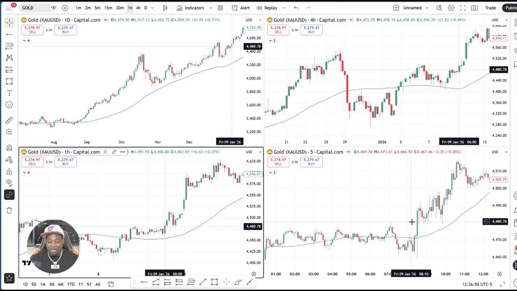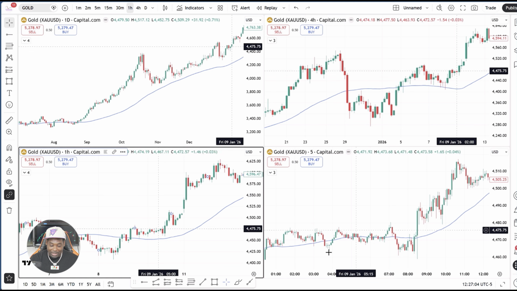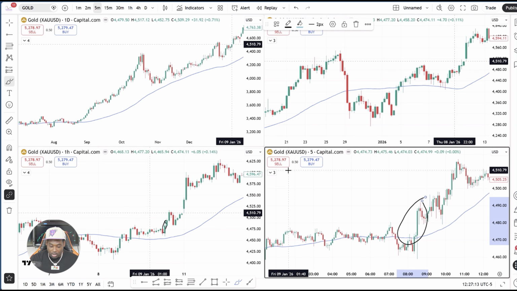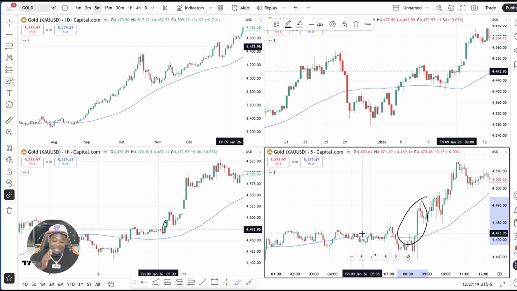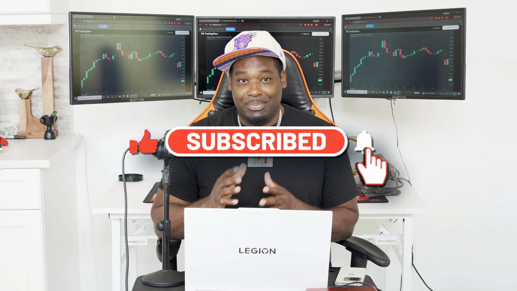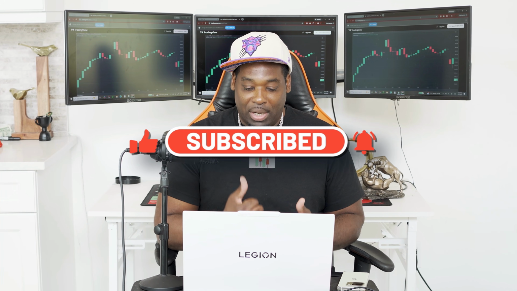Then we drop down to our lower time frame where we're going to enter, and again, price is above the 50 moving average, okay? So now we're looking to go long because we have 4 time frames lining up telling us that the market is bullish. So this is another way to look at structure and to make sure that everything is lining up together to make a great decision.